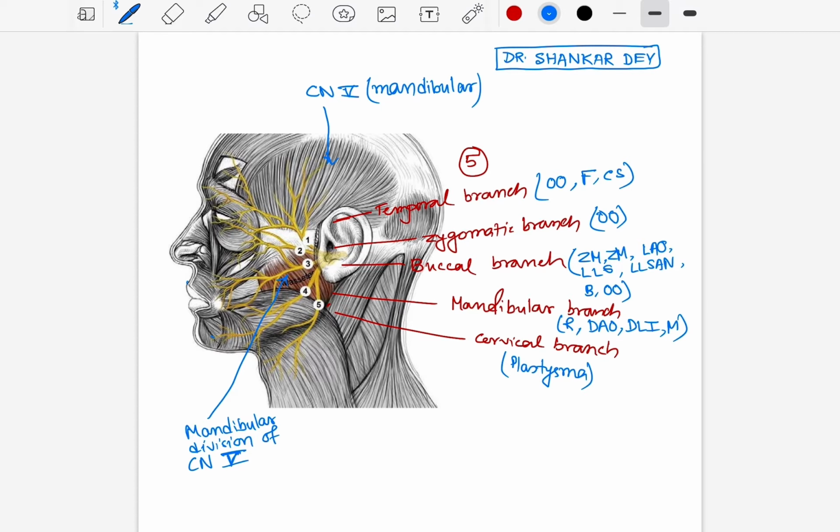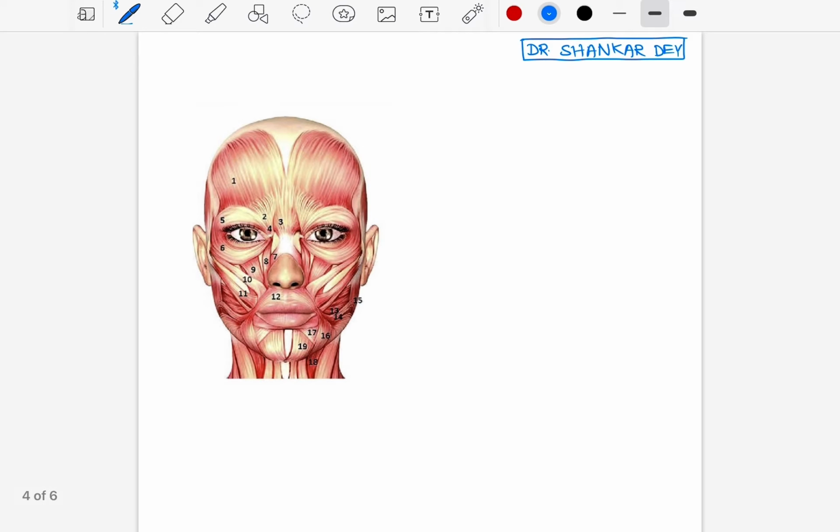Next, what are the functions of facial muscles? There are various emotional expressions that are controlled by various facial muscles. So what are those muscles and what are the expressions? First of all, frontalis muscle. This muscle controls expressions like surprise, horror, or fright.